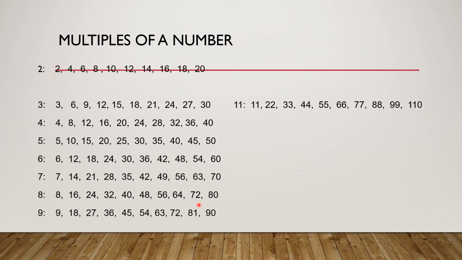For 9, the 9s are the easiest. No? 9, 18, 27, 36, 45, 54, 63, 72, 81, 90. Actually it is the easiest. You start from 0, 9. Then what's next? 18, 27, 36, 45.